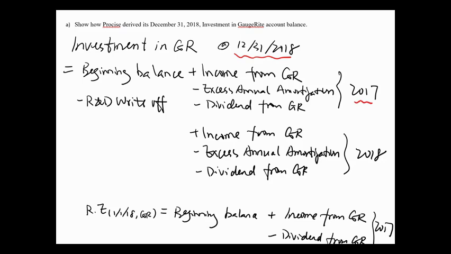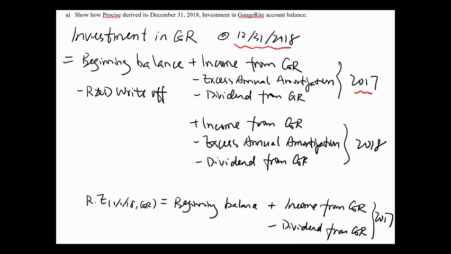We need the same information from 2018 as well: the reported income from Goldright in 2018, minus the excess annual amortization in 2018, and minus the dividend paid by Goldright in 2018. One more piece of information is related to the research and development failure. We need to write that off from the investment account as well.